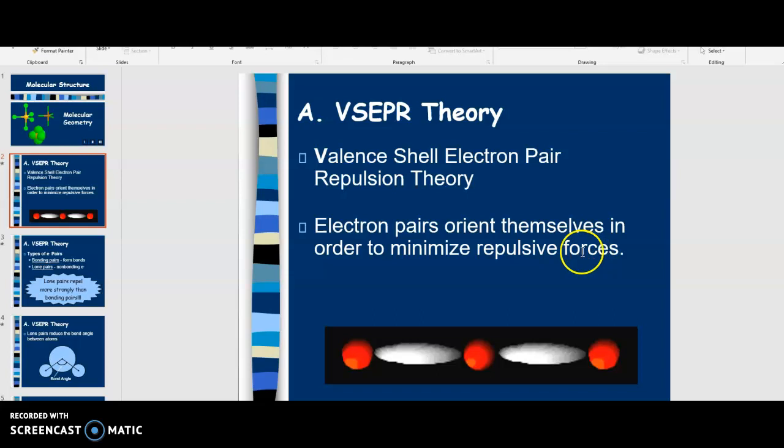Remember, electrons are negatively charged, so a bond would repel another bond, or a lone pair would repel a bond, because they all consist of electrons. They push each other away. For example, if this was your central atom, these two bonds would orient themselves exactly 180 degrees away from each other to minimize the repulsions.